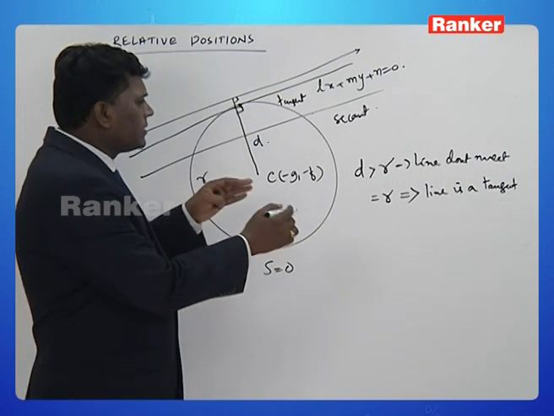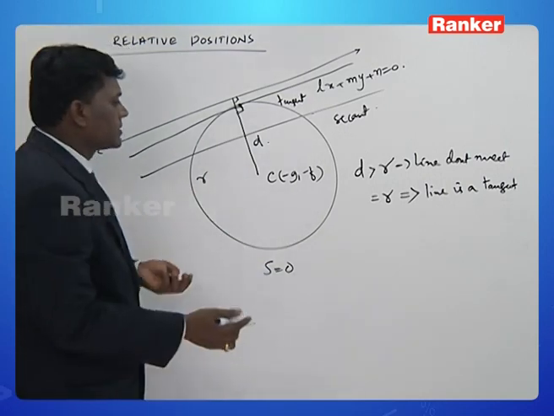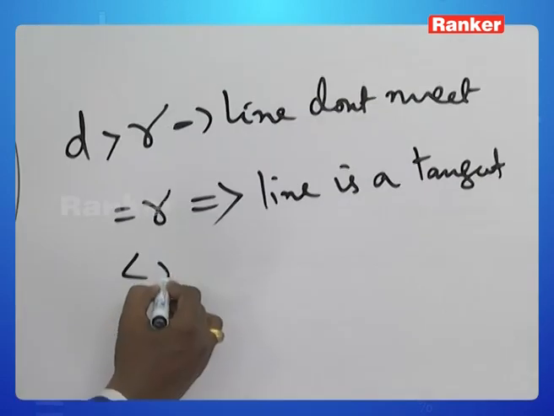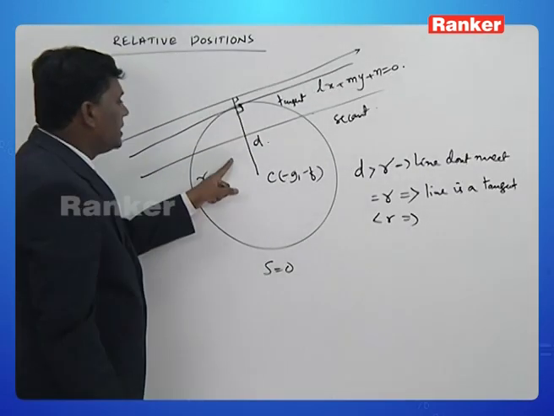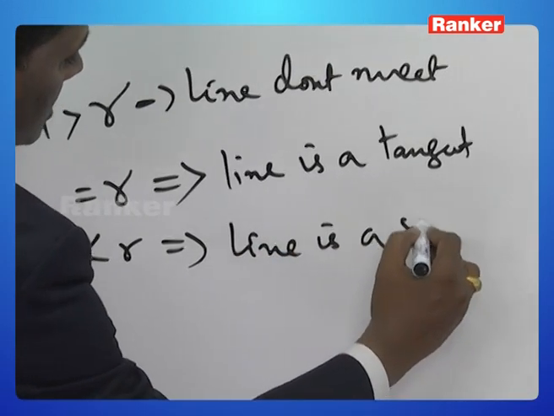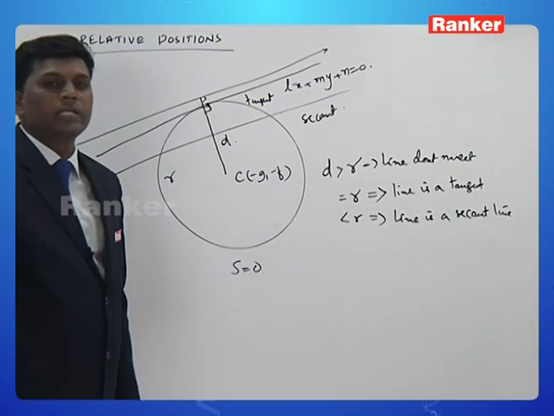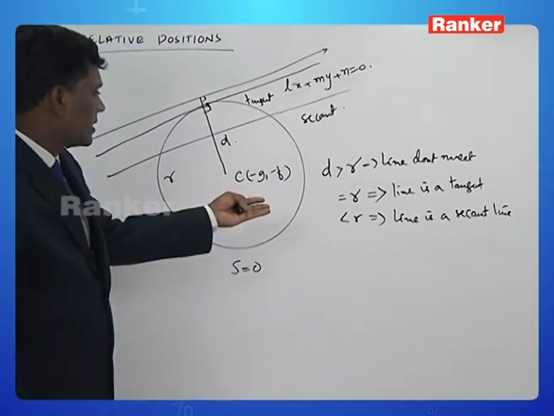It is a very useful point in solving many problems in various types of exams. And third case, if the value of d is less than r, then the line is a secant line. In this particular case, the line will become a secant line.